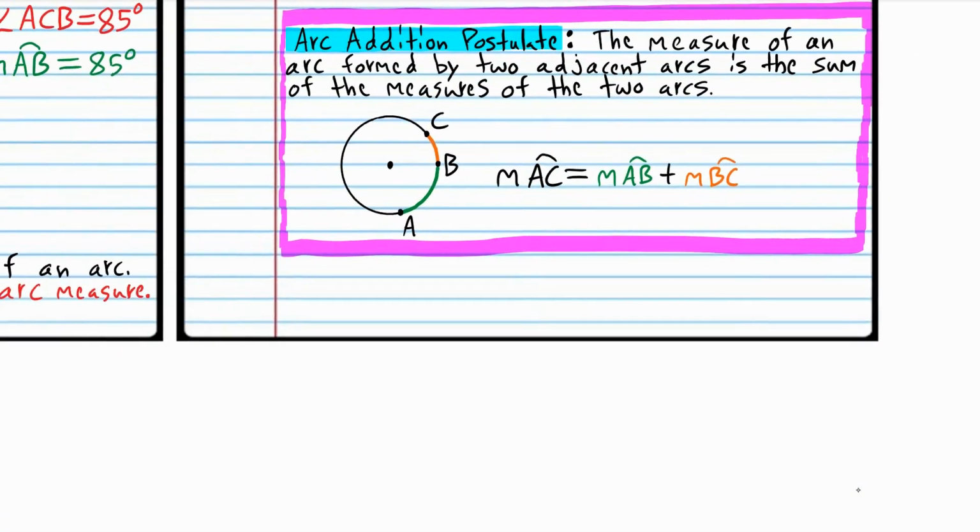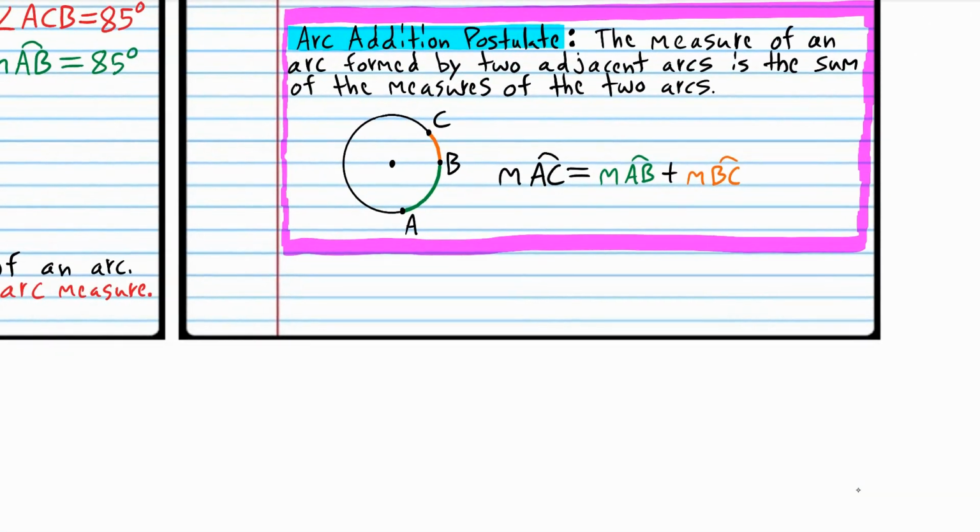And we learned the segment addition postulate, which says that if you have 2 segments next to each other in a straight line, then AB plus BC is equal to AC. That's pretty simple. We had the angle addition postulate, which says that if you have 2 angles with the same vertex and sharing a common side, then the overall angle is equal to the sum of the individual angles.